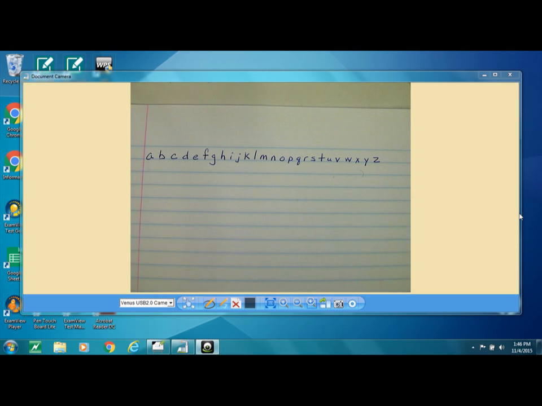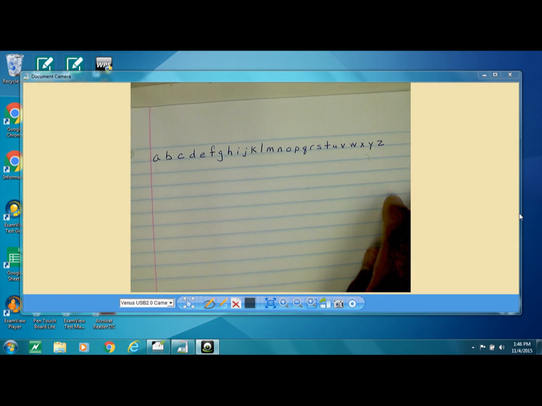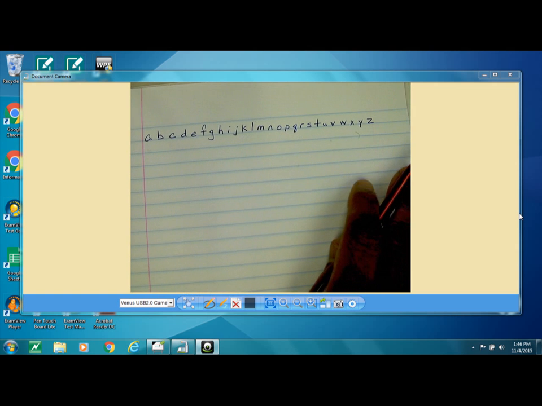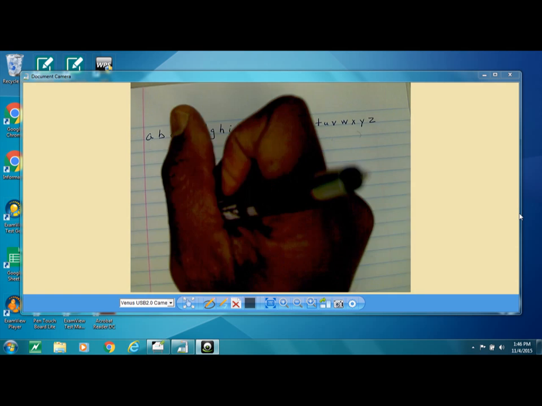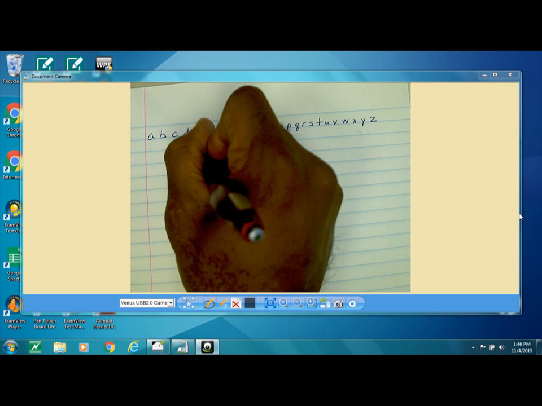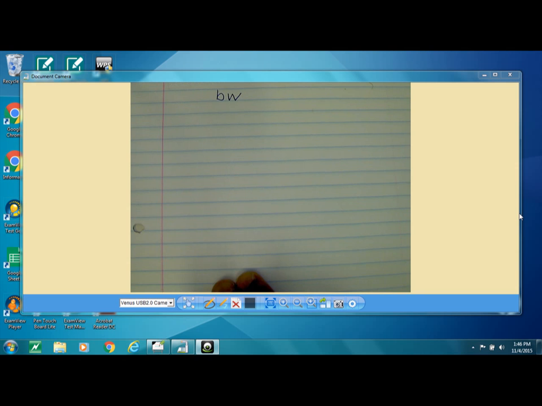So today we're going to talk about suffixes again. I want you to remember that the base word is the simplest form of an English word.